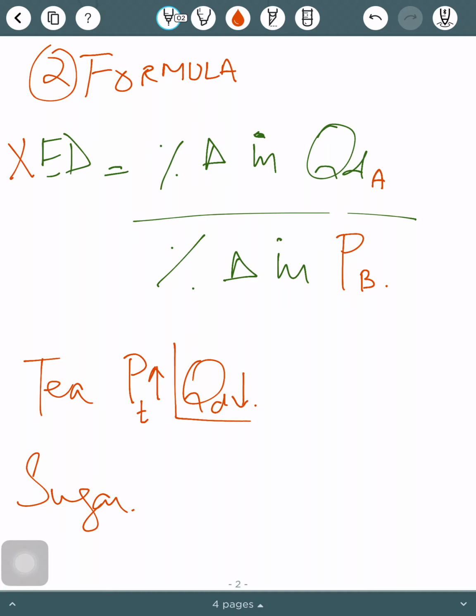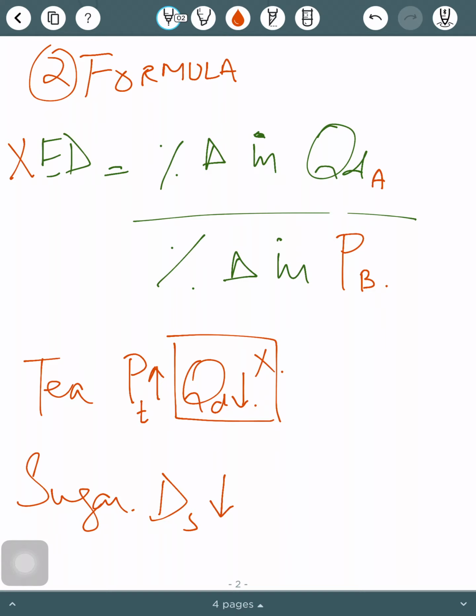But we are not at the moment looking at the quantity demanded of tea. What about the demand for sugar? The demand for sugar will fall. Why? Because tea has become more expensive. People have now started using less quantities of tea, and as a result of that, since sugar was consumed with tea, the demand for sugar will decline.